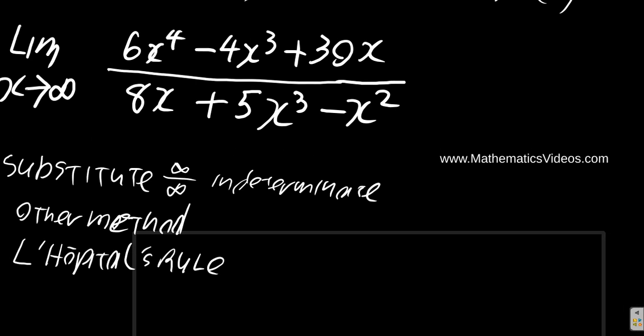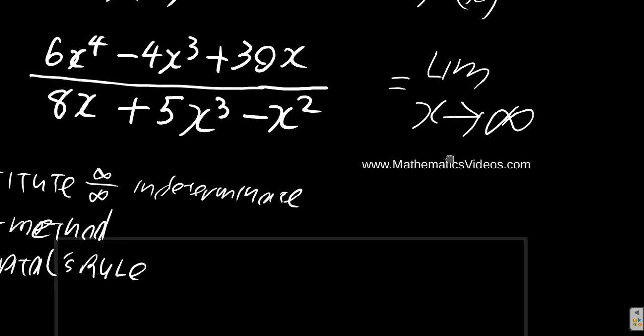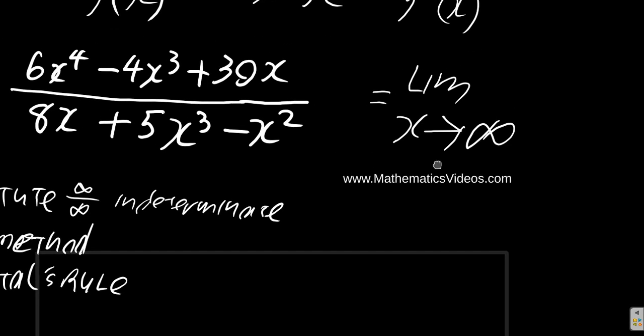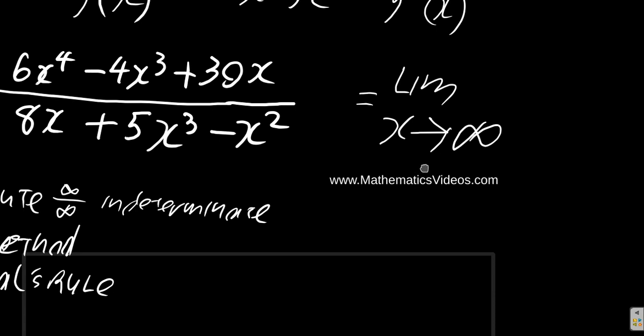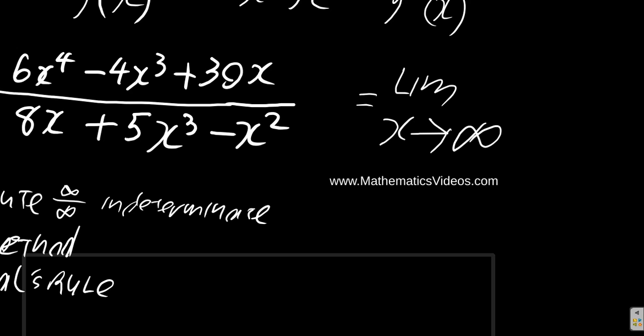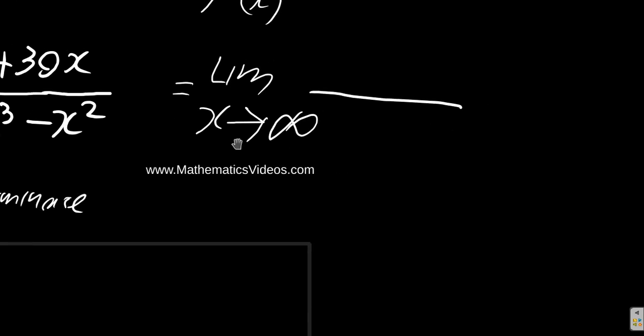So this is equal to the limit as x tends to infinity of, if we say we're dividing by x to the fourth, all of this divided by x to the fourth. And then you consider each item divided by x to the fourth.